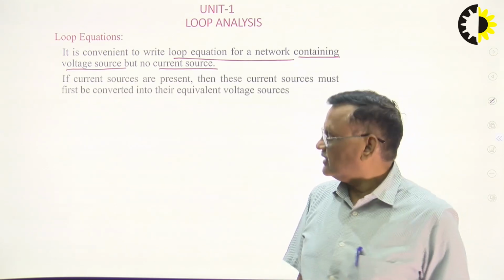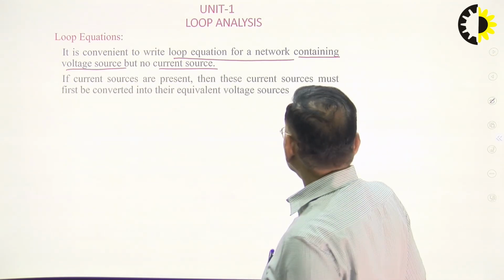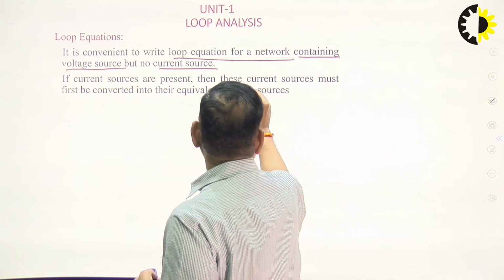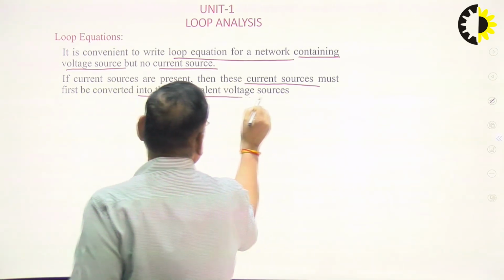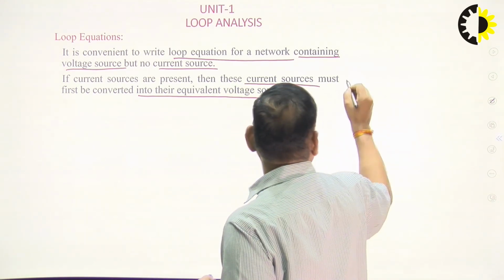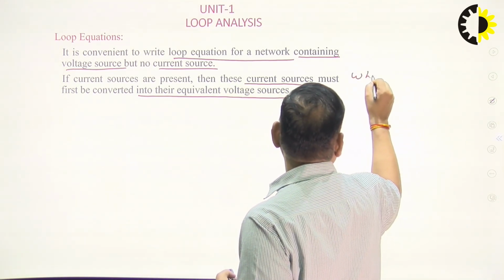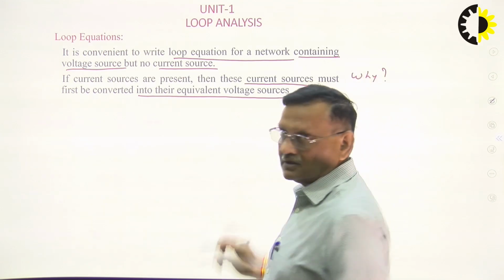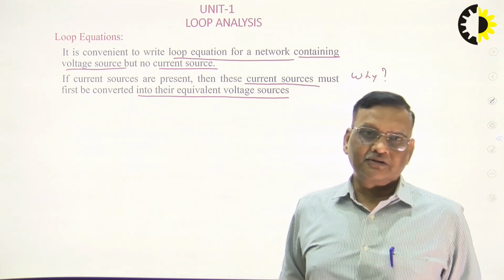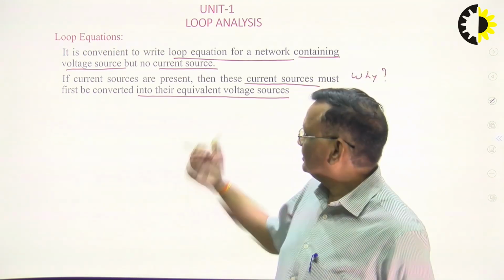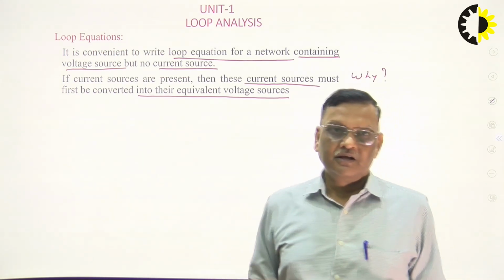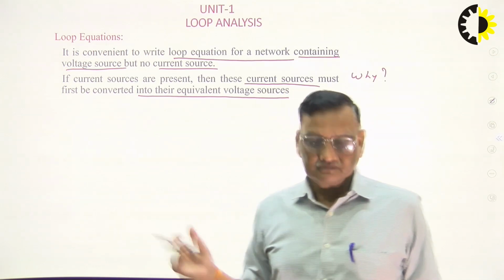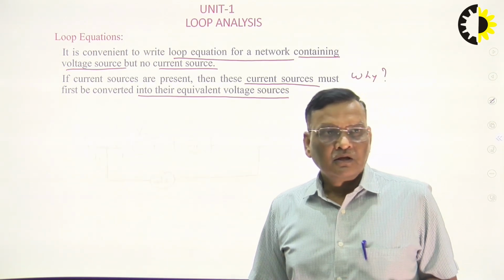It is convenient to convert these current sources into their equivalent voltage sources. Why? The question is why. We will get the answer later on. Why is it convenient to convert the current source into its equivalent voltage source? That answer we will get later on.